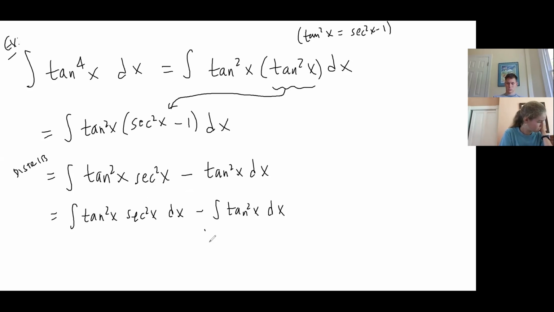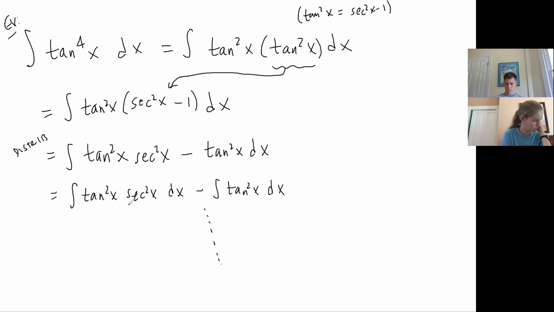So I think I can fit it in. If not, I can try and expand it. Put it in a little better here. So this first one, I want to use a U substitution, U equals tangent. How do I know that? Well, I recognize I've got tangent and I've got secant squared, and that is the derivative.